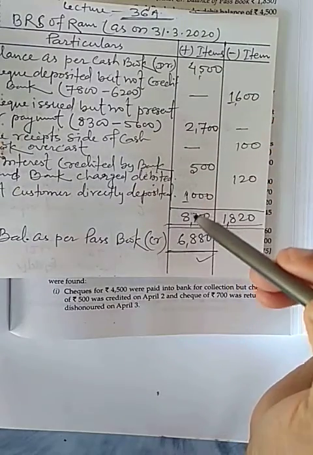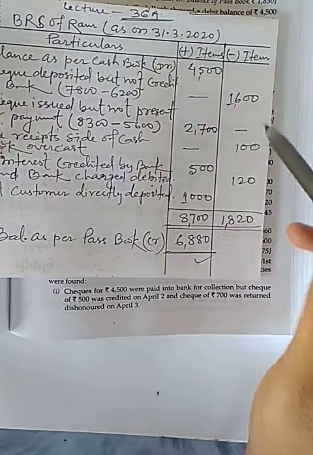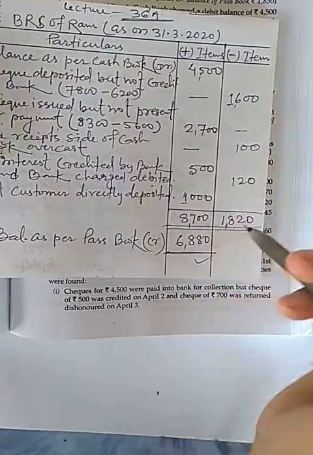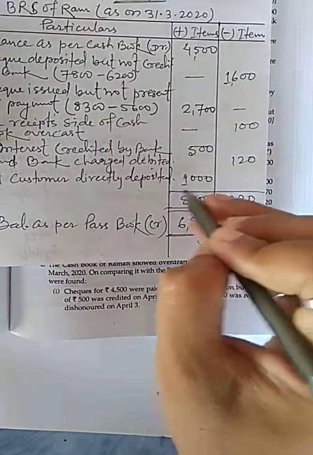First we have to add in plus item, then second minus item, and we have to deduct on which side more balance is showing.